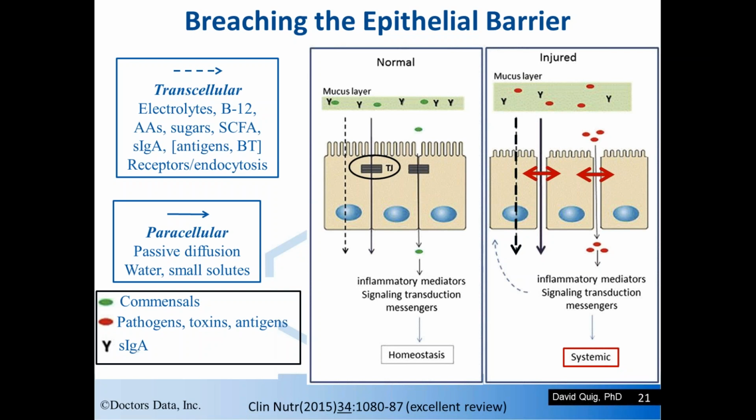This results in not only increased paracellular transport via breakdown of the tight junction protein complex between these cells, but also an increase in the transcellular influx of things that we don't want to get in. This results in pro-inflammatory signaling both in the GI tract and tissue damage, as well as systemic pro-inflammatory cytokine release.